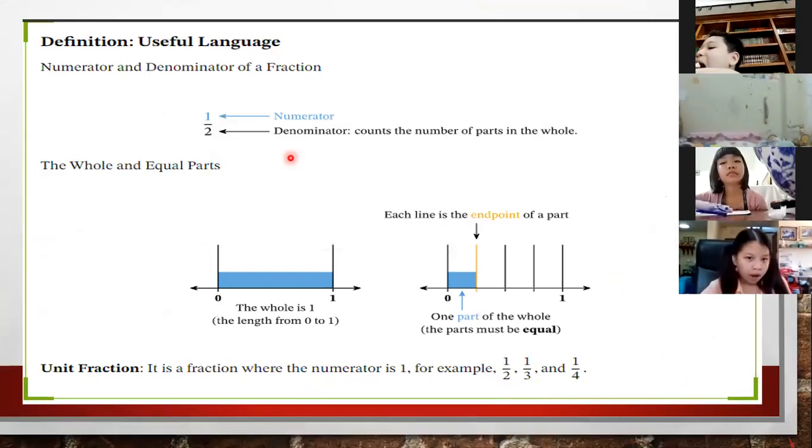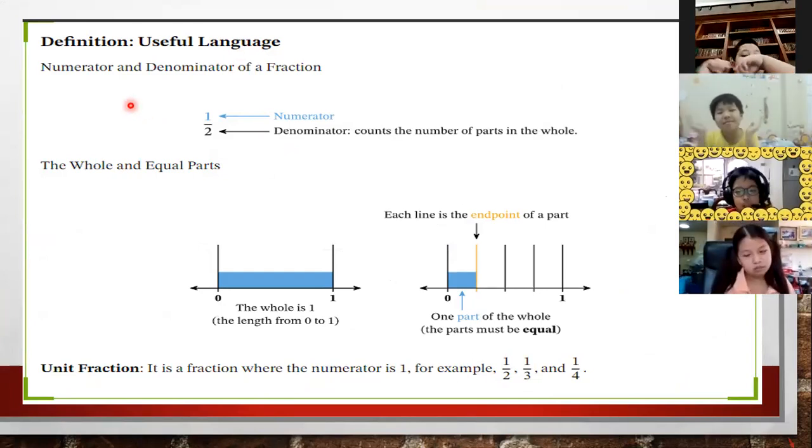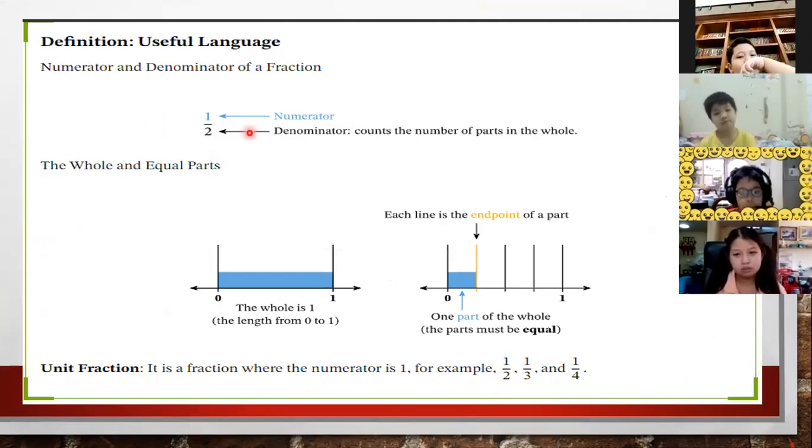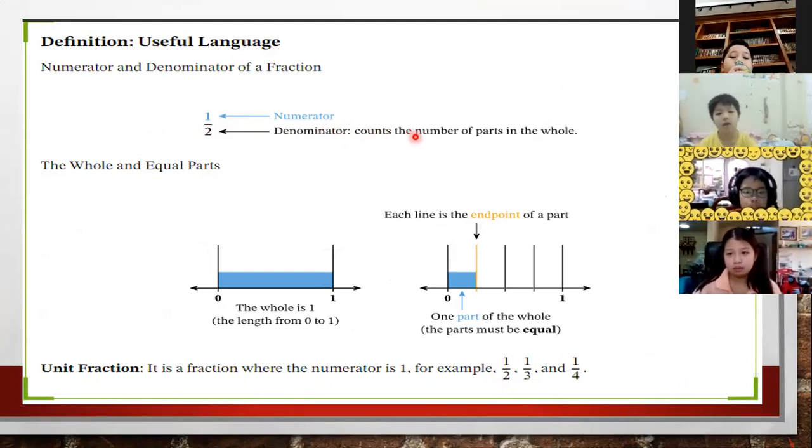We are now on the number line. Okay. The numerator and denominator of a fraction. Always remember, this is the denominator, 2, and 1 is the numerator. For the denominator, you count the number of parts in the whole. This one is the example, the whole and the equal parts.